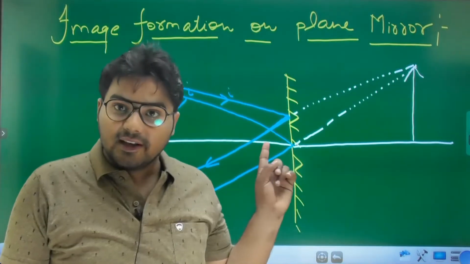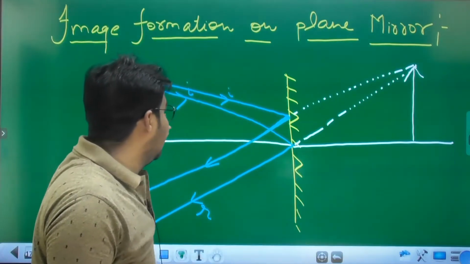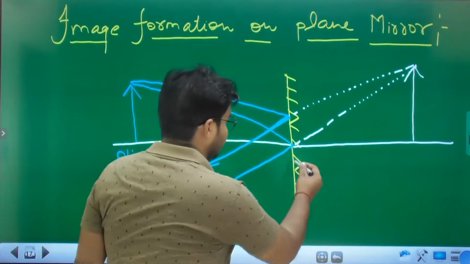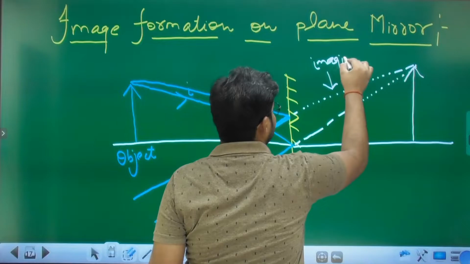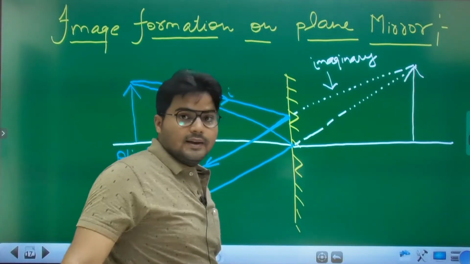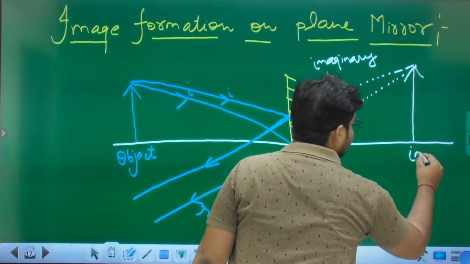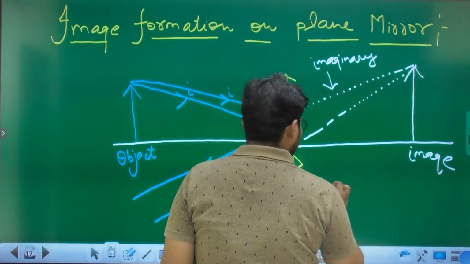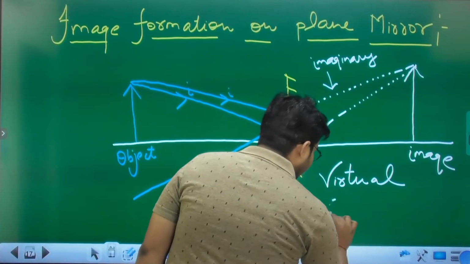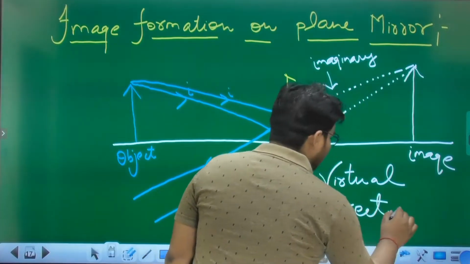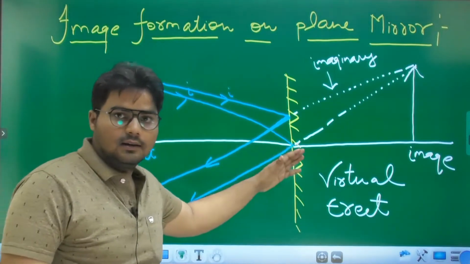And I told you in the previous slide what a virtual image is. A virtual image is formed by the imaginary intersection of the reflected rays. You see that this one is your imaginary lines, and this one is your image. So this is the virtual and erect image. So this is the image formation by a plane mirror.